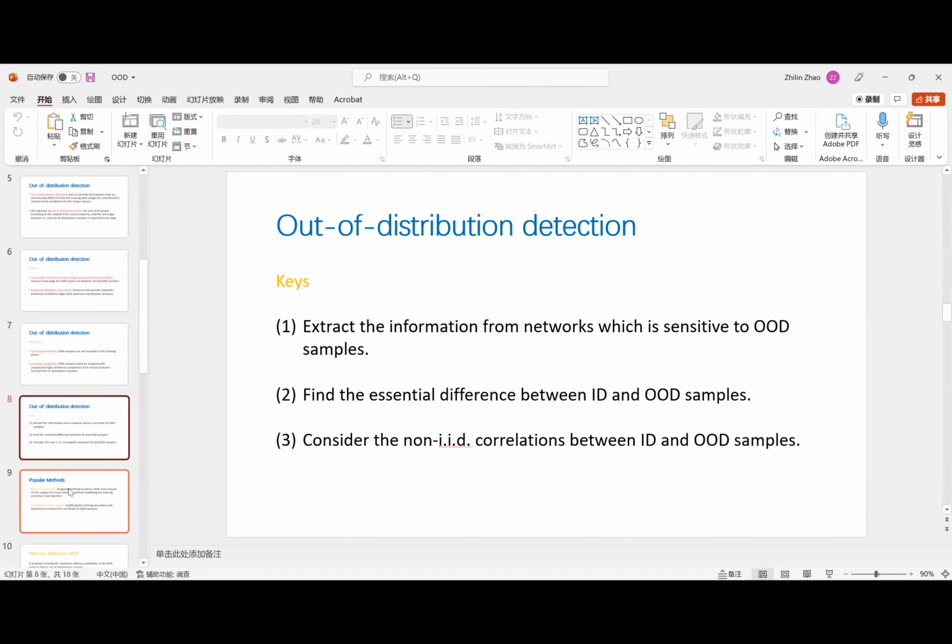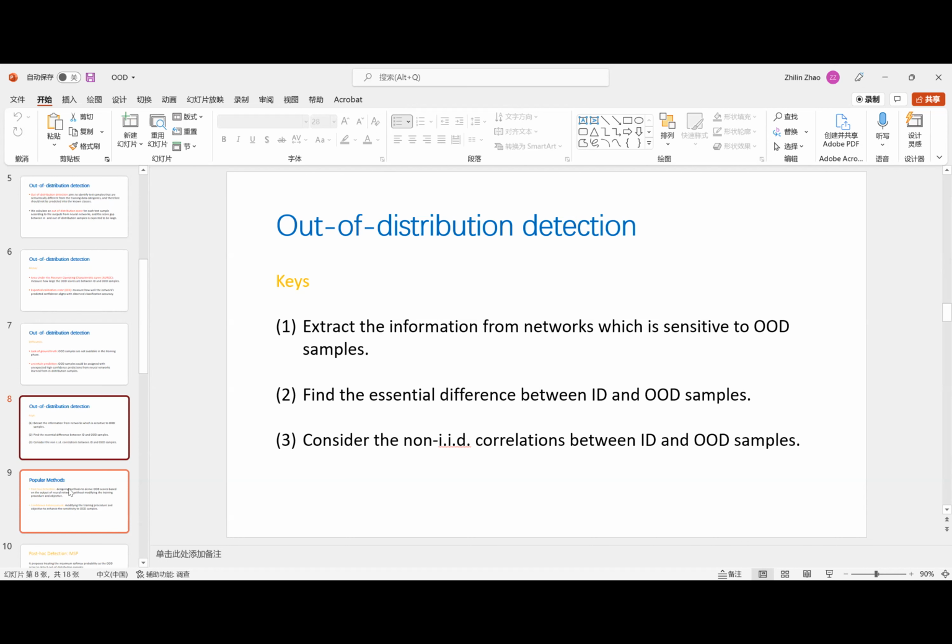So what are the keys for us to design to attain a good out-of-distribution detection performance? The first key is that we should obtain the information from your network which is sensitive to the out-of-distribution samples.